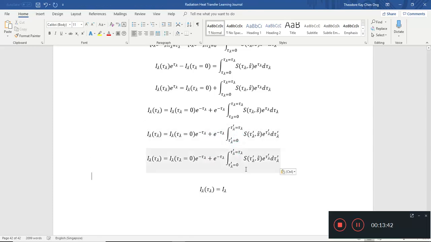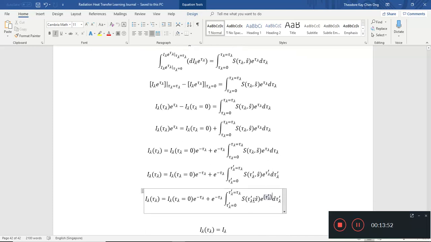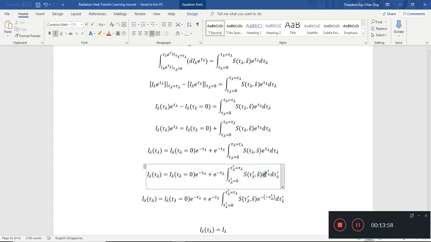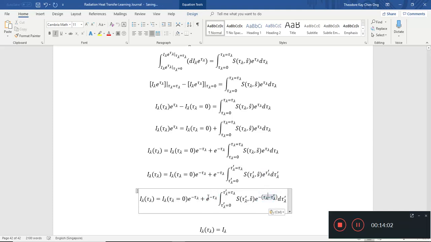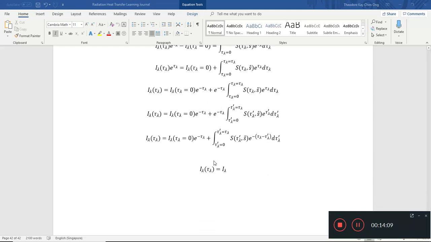All that does is introduce this negative sign here. Minus, that will give you a plus. Then we can just bring this in, and I'll take this e to the minus tau lambda out. All that said and done, what does this equation actually mean?